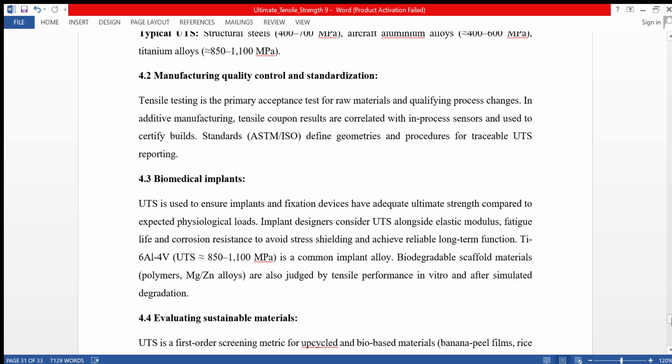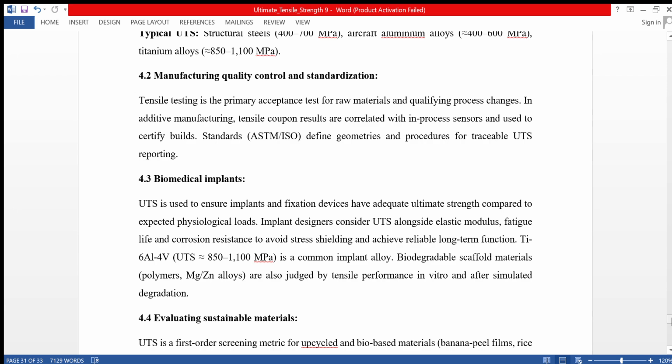Biomedical implants. UTS is used to ensure implants and fixation devices have adequate ultimate strength compared to expected physiological loads. Implant designers consider UTS alongside elastic modulus, fatigue life and corrosion resistance to avoid stress shielding and achieve reliable long-term function.